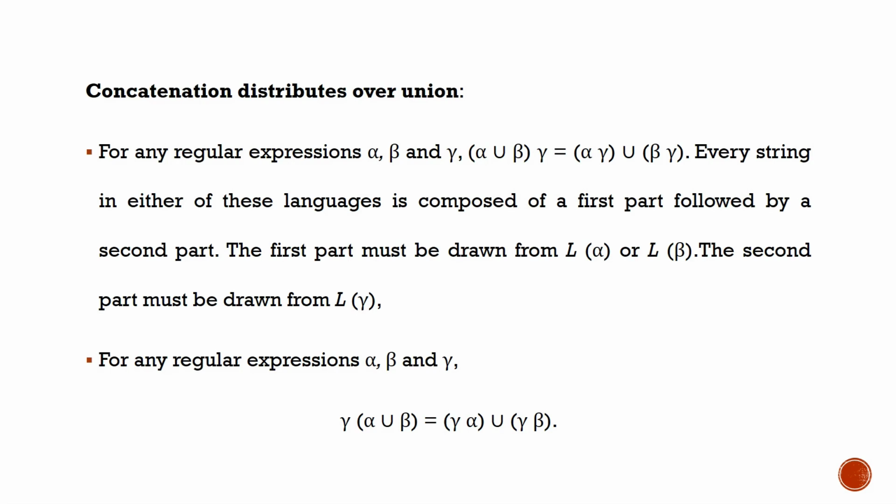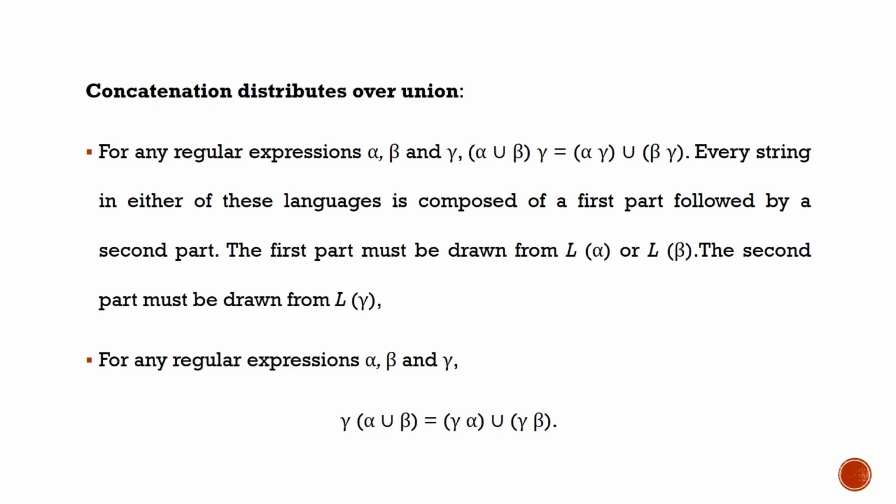So every string in either of these languages is composed of a first part followed by a second part. The first part must be taken from the language accepted by alpha or the language accepted by beta. We can take any one among them. Then we have to append gamma at the end. So this can be written separately or it can be written as a union over there.